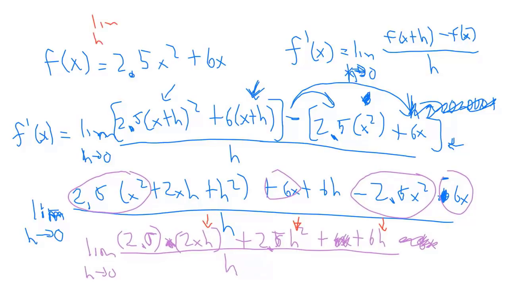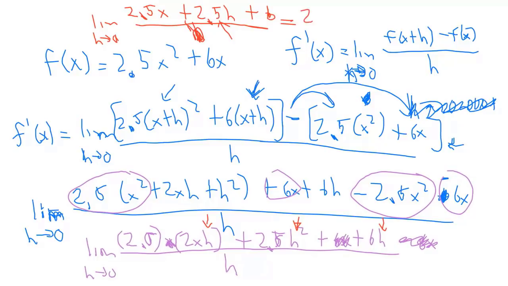So the limit as h approaches 0 of, I'm going to divide out the h's, x plus 2.5 h plus 6. It's just that. And if you evaluate that, as h approaches 0, this guy goes to 0, this 6 stays alone, so we're left with 2.5x plus 6.